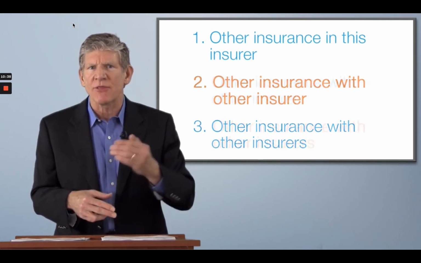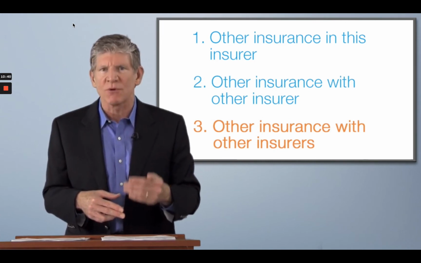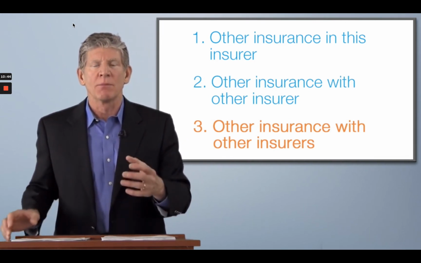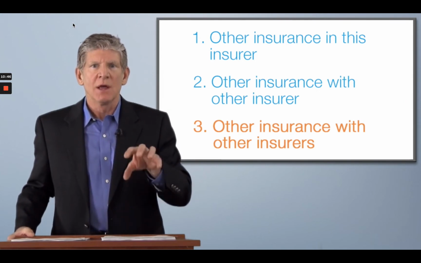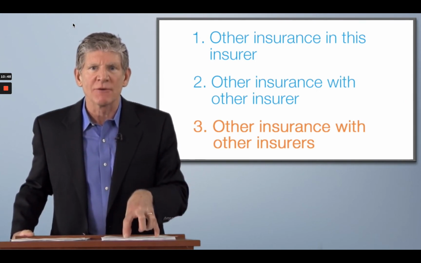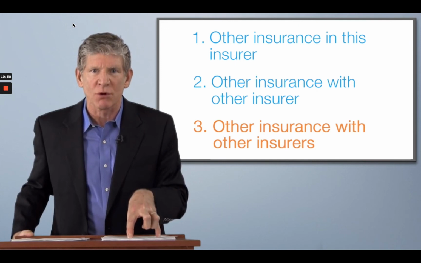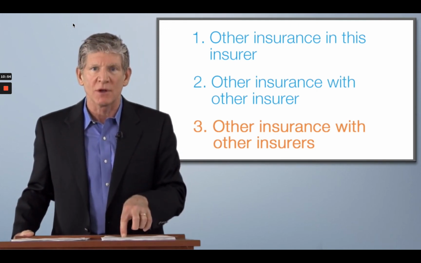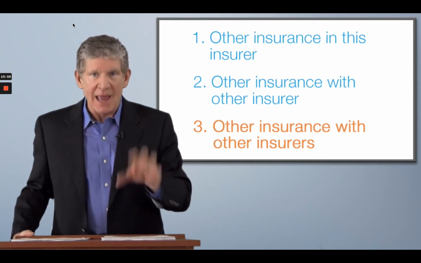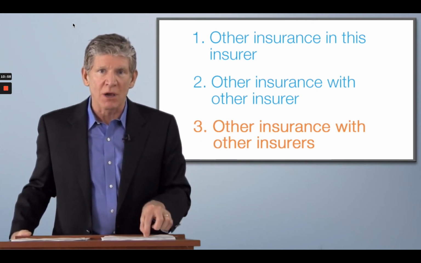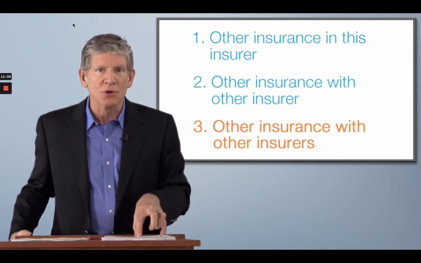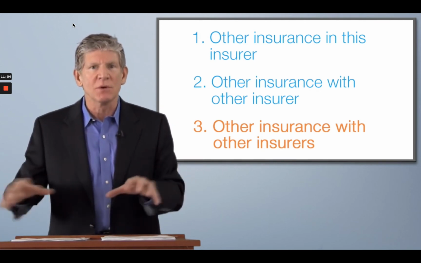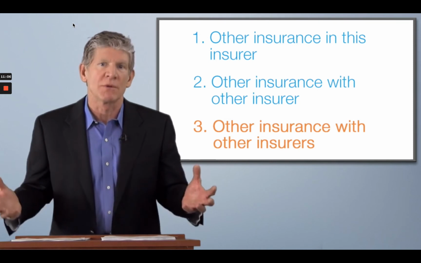So what does that third one mean? Other insurance with other insurers. Well, in that case, what the provision is saying is, if you qualify for benefits from a social insurance program like Social Security Disability or workers' compensation, and you qualify for benefits in this policy, here too, we are going to adjust benefits so that between the two of them, you are not overinsured.